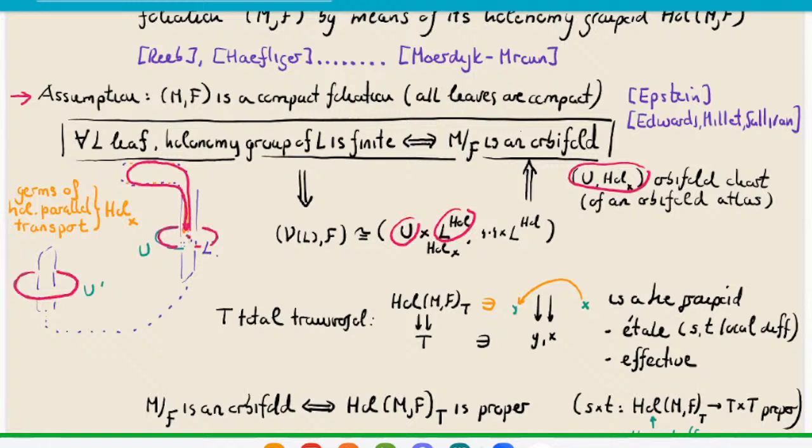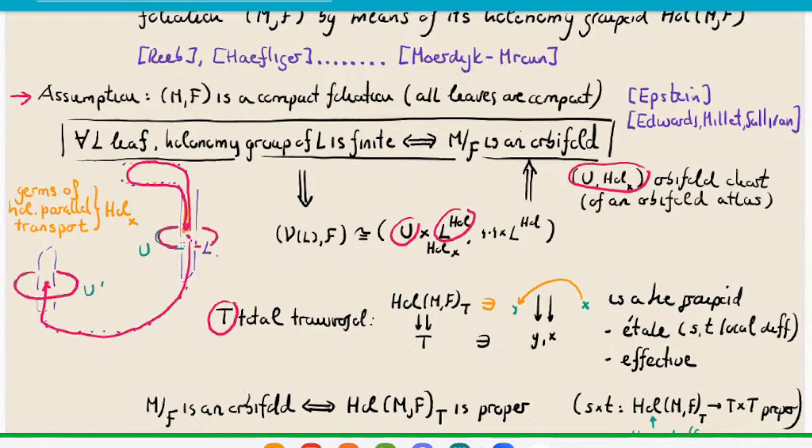One has to check, of course, that different charts of the orbifold atlas are compatible using, again, this holonomy parallel transport. All right, what one can do at this point is look at this information in a slightly less refined way. That is, what one can do is take the union of all these orbifold charts, and build a total transversal.